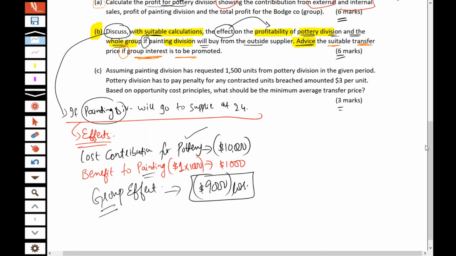Come on, tell me, is this calculation understandable to all of you?